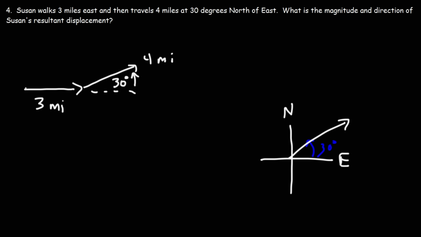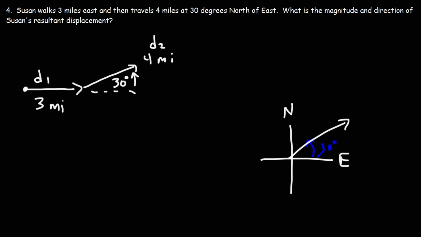So the resultant displacement, we could draw it from where she started to where she ended. So that's going to be that portion there. Now, in order to figure out the resultant displacement, what we need to do is break up the two vectors into x and y components. So let's call this D1, and this is going to be D2.